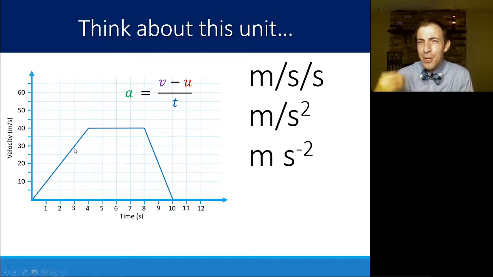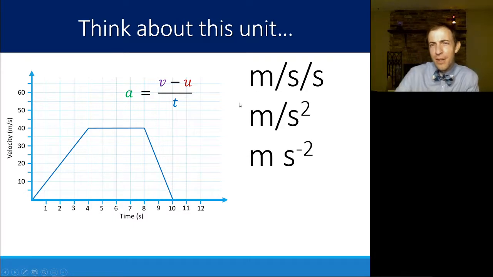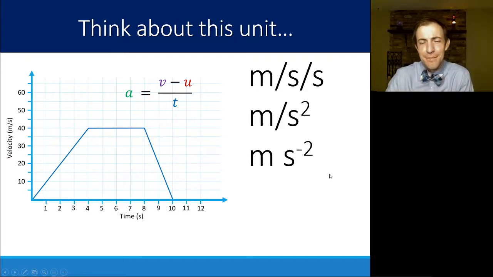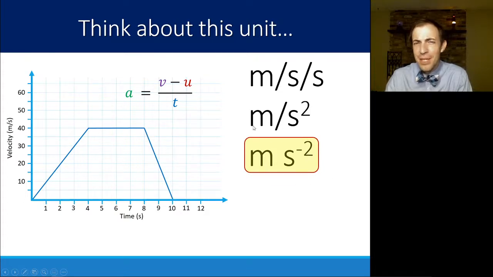The way that you can remember this is slope is just the change in y over change in x. Y is meters per second, x is seconds, so meters per second divided by seconds again will always get you this unit for acceleration. In IB, like I said, we're going to be using this negative exponent, but you can use the other ones. I will know what you mean, IB will know what you mean. This is just how it's presented to you in a problem from here on out.